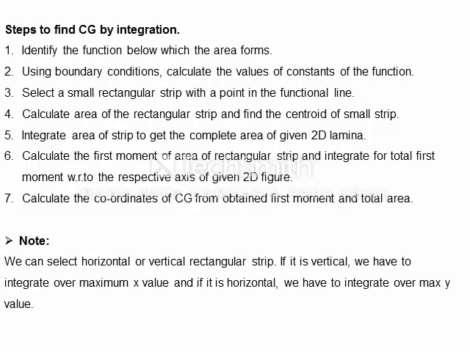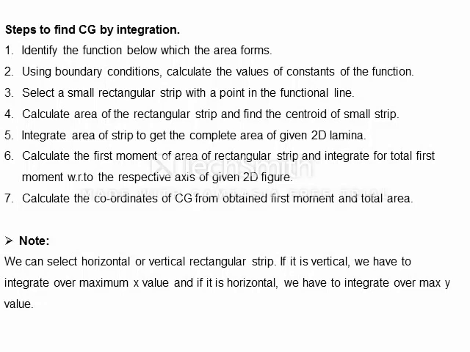Third step is selecting a small rectangular strip touching the functional line or lines. Next, we have to determine the coordinates of center of gravity and area of the small strip selected. The fifth step is to integrate the area of the strip to get the complete area of the given 2D lamina.